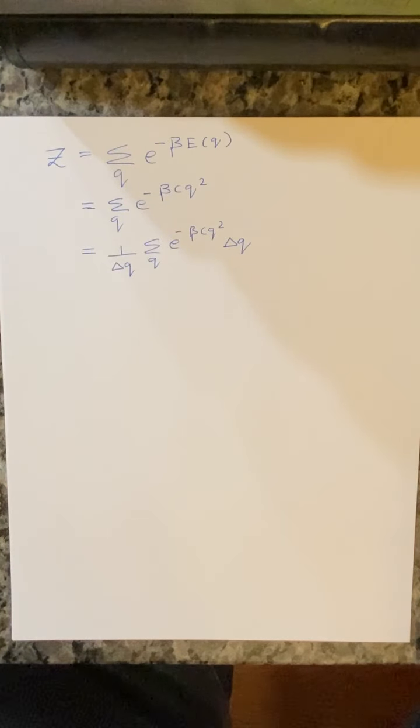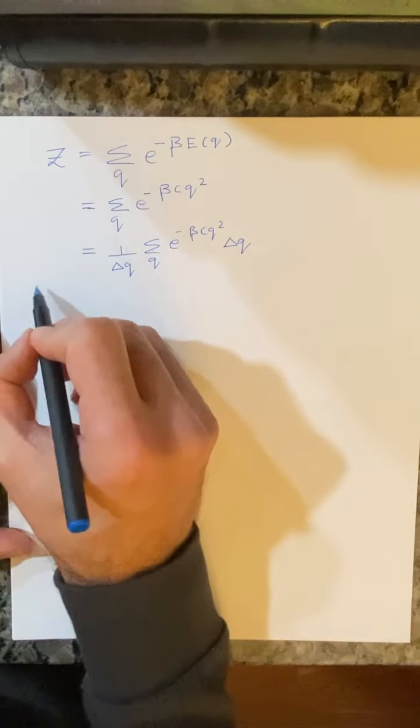Now what can we do? This summation, we have done this in the past, can be interpreted as the area under a bar graph. That can make our life easy. Let's put this down.